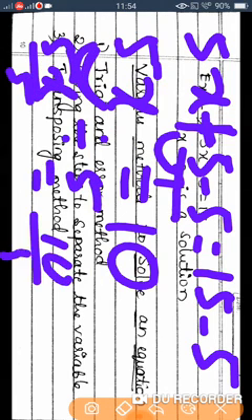We have to divide both sides. The 5s cancel: 5 ones are 5, 5 twos are 10. So x is equal to 2. This is how we give the steps, by subtracting and by dividing, to separate the variable and constants.